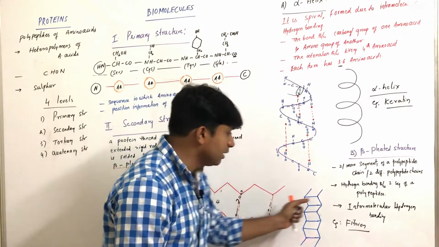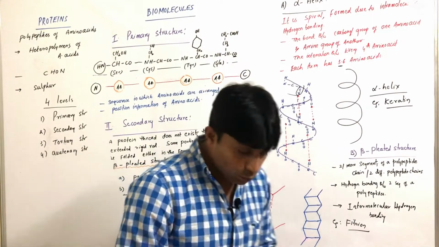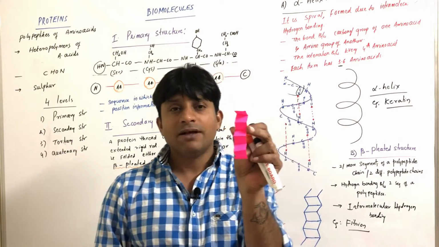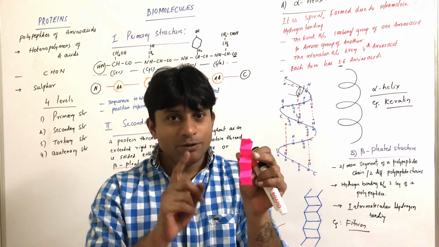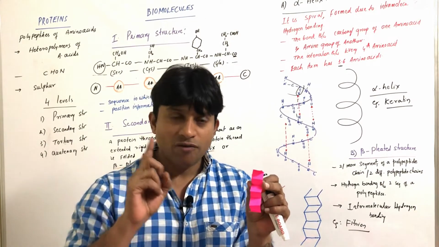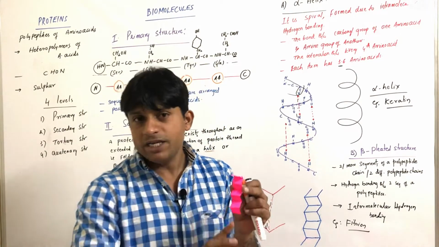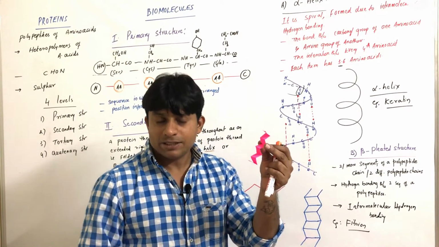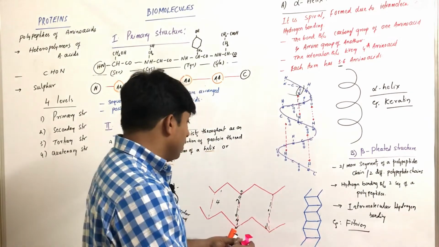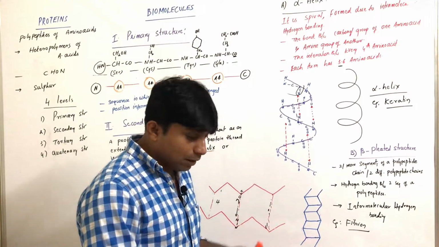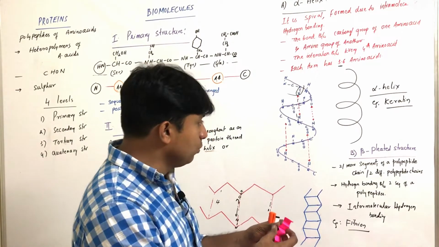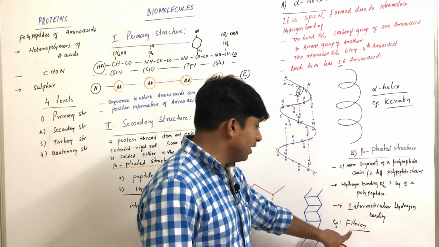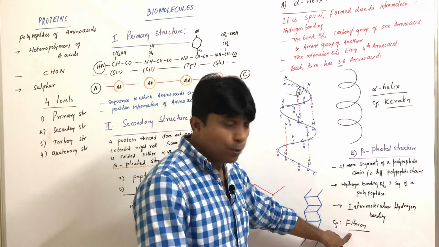Due to this intermolecular hydrogen bonding, a protein can have a beta pleated structure like this. This is due to the hydrogen bonding between two segments of a single polypeptide, or if a protein has two different polypeptides, you can find it between the two different amino acids of two different polypeptides, which is intermolecular hydrogen bonding, right? Now this intermolecular hydrogen bonding gives a protein a beta pleated structure. Fine. So the beta pleated structure can be seen in the fibroin protein, right?